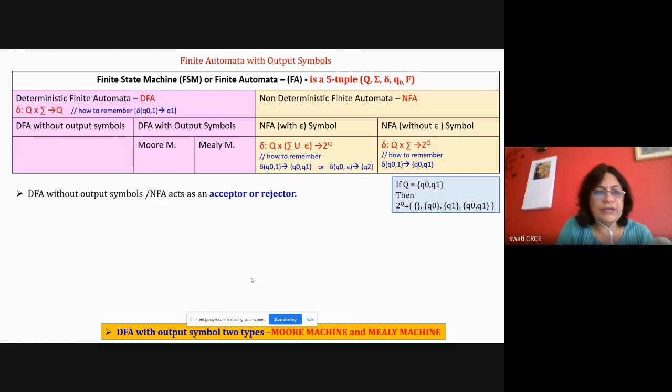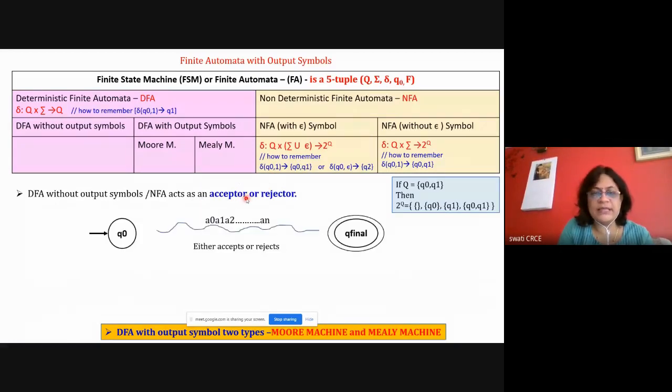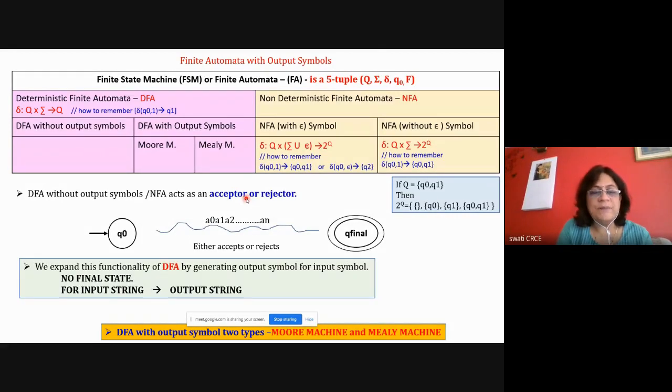DFA without output symbol and NFA act as an acceptor or rejector, meaning they accept the string or reject the string. But in the case of Moore machine and Mealy machine, the machine generates a new string. For the input string, the machine generates the output string, and there is no final state.